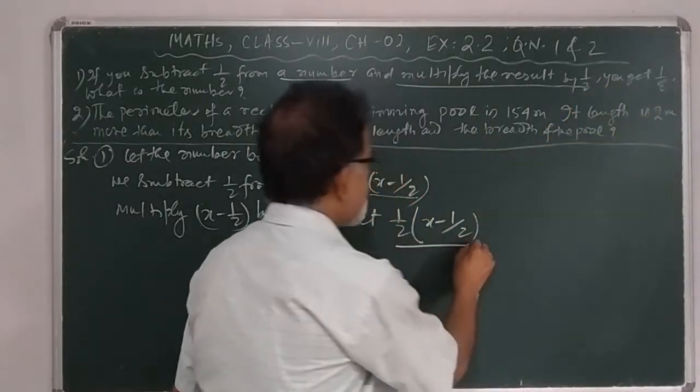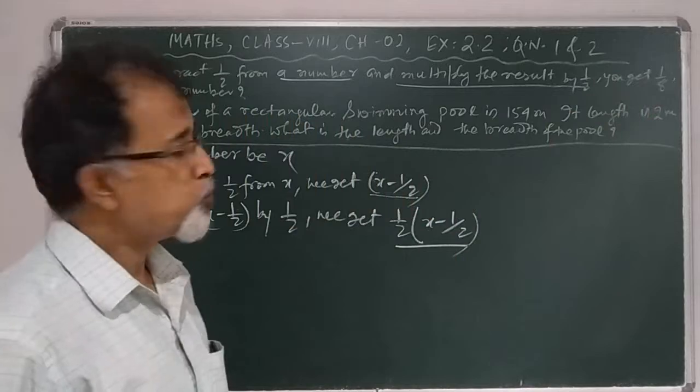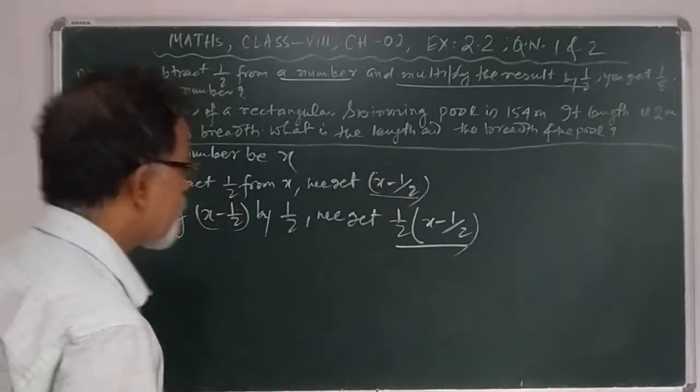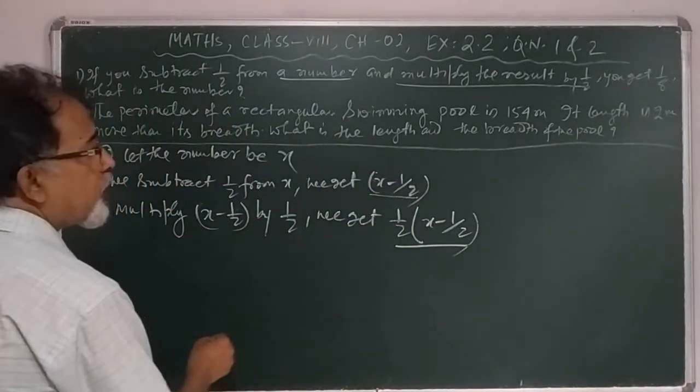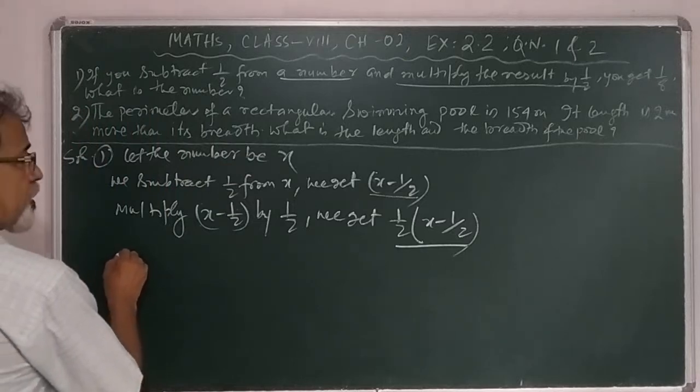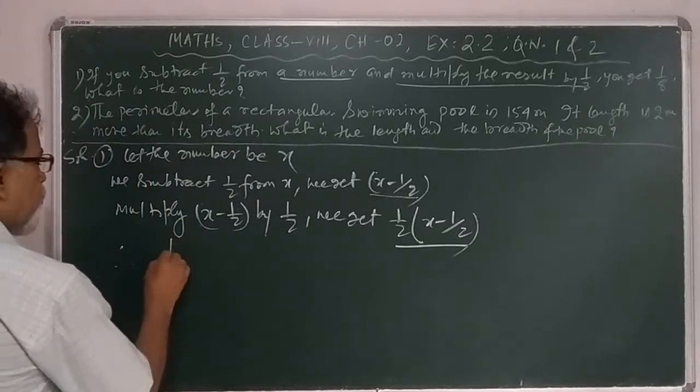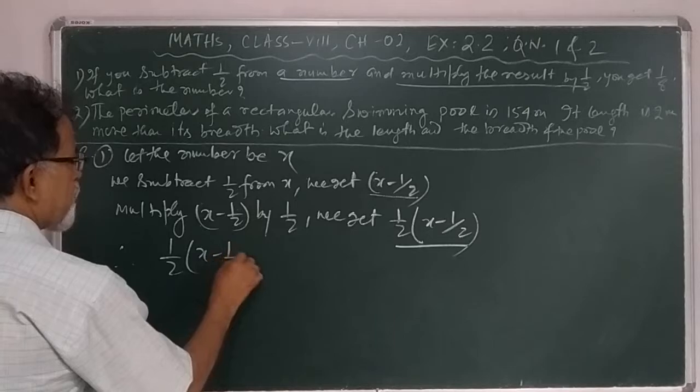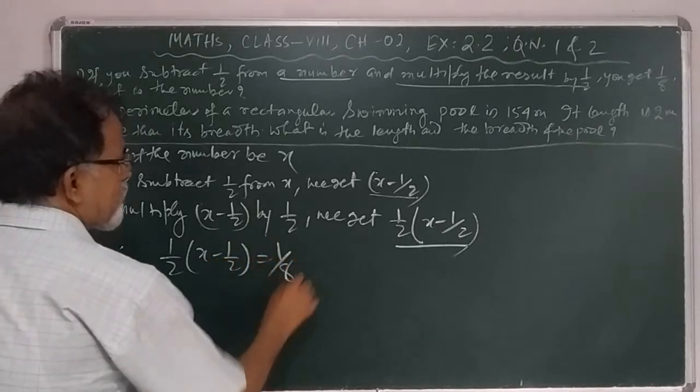This is the result which is equal to 1 by 8. Therefore, 1 by 2 into x minus 1 by 2 equal to 1 by 8.